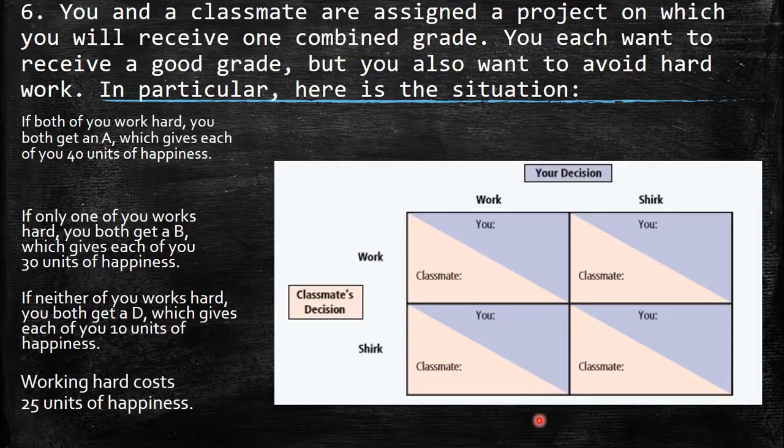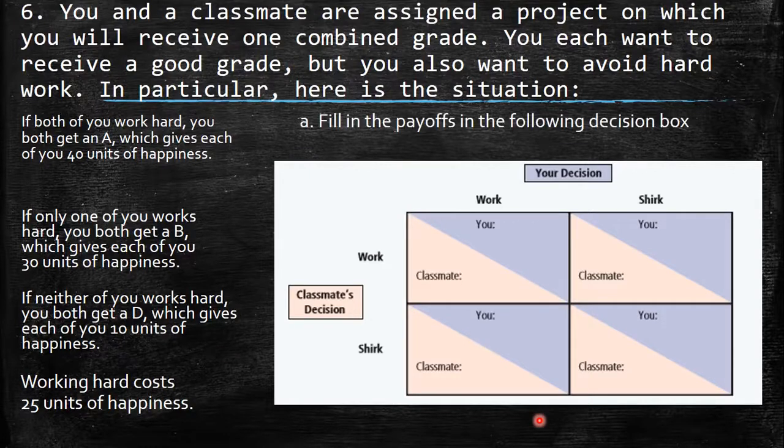Just the last one: working hard costs 25 units of happiness. So first fill in the payoffs in the following decision box. If I work hard, it means that I have a cost of 25 units, so it's going to be subtracting, right?